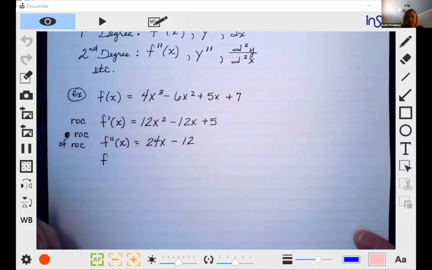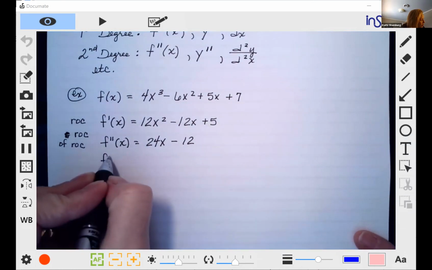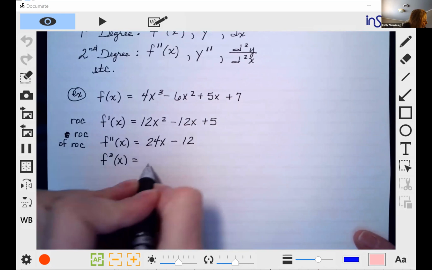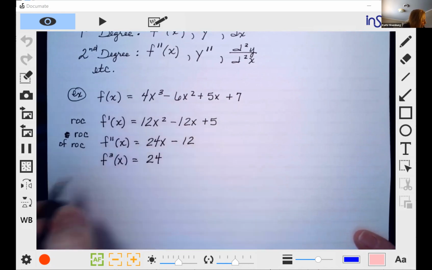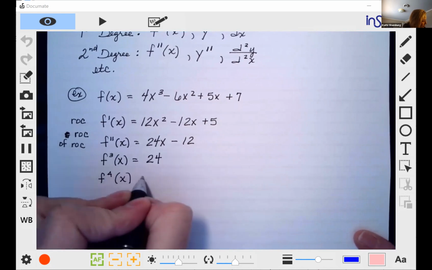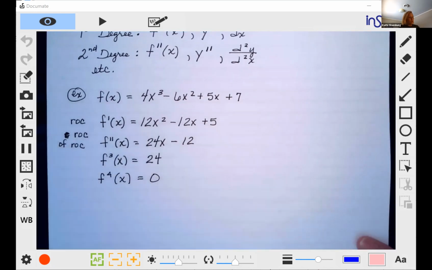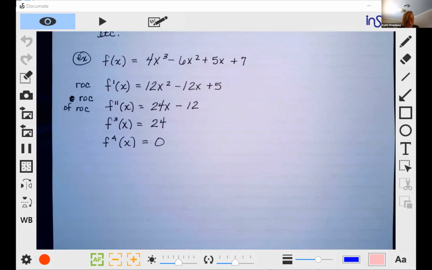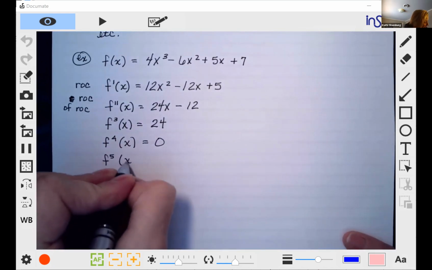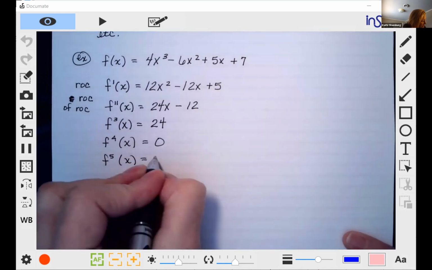Then you could continue on. The third derivative, you could put 3 prime symbols, or you could put 3 to know you're doing the third derivative, which would be 24. And then the fourth derivative, of course, would be 0. Now, we could continue taking its derivative. I mean, we could take the fifth derivative, and the derivative of 0 is 0.